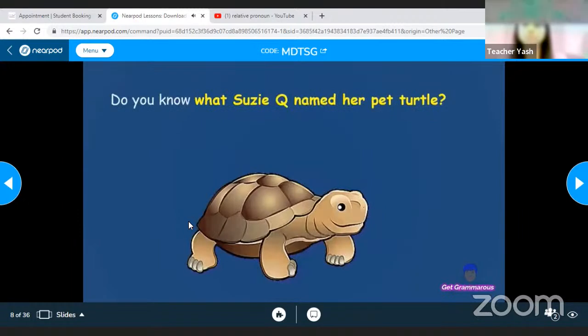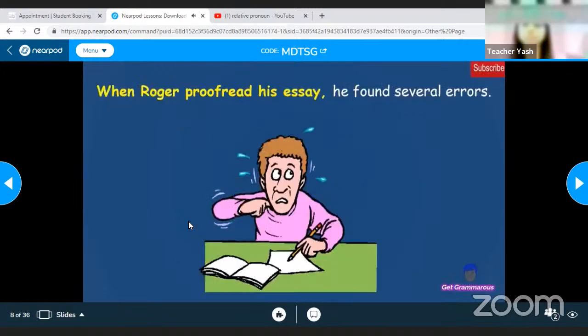Another example. Do you know what Susie Q named her pet turtle? What Susie Q named her pet turtle cannot stand alone as a sentence. It's a subordinate or dependent clause. However, do you know can stand on its own as a sentence. Another example. When Roger proofread his essay, he found several errors.